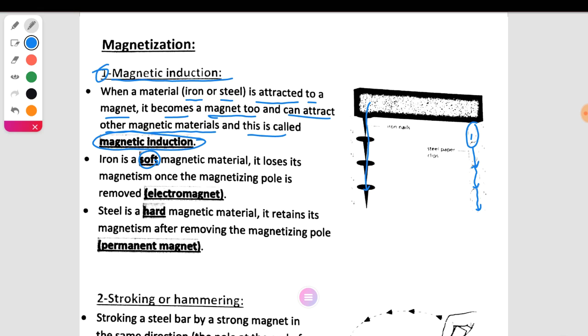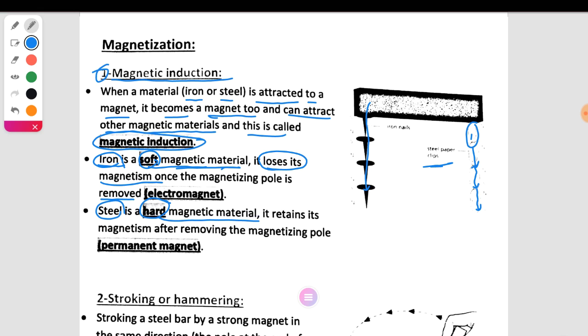Iron is called a soft magnetic material because it loses its magnetism after a certain time. It becomes demagnetized when removing the electromagnet, it loses its magnetism, while steel, like these steel paper clips, is called a hard magnetic material.